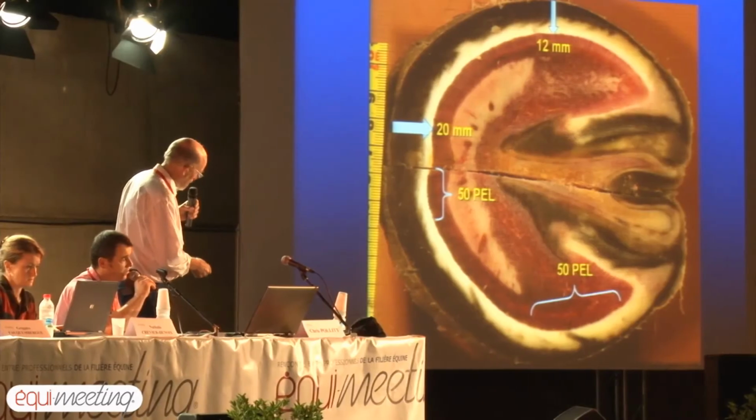So of course at the toe, if you count 50 lamellae, you'll have a short distance. If you count 50 lamellae at the quarters, you'll have a greater distance, showing the gradient.